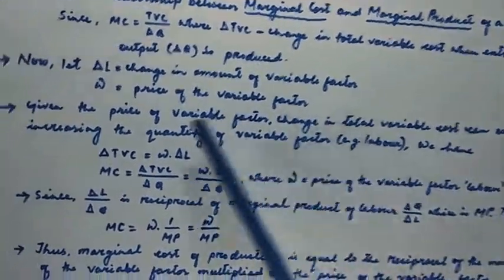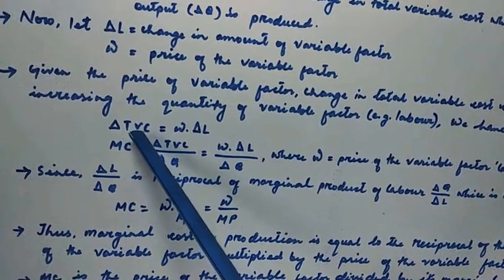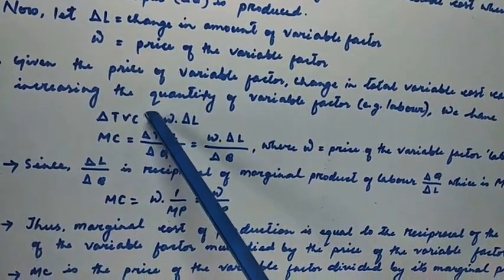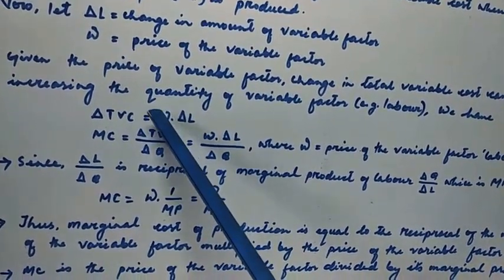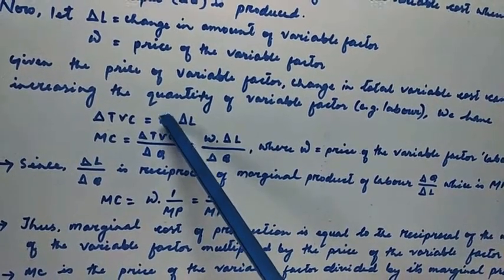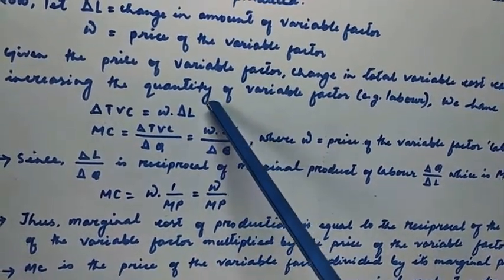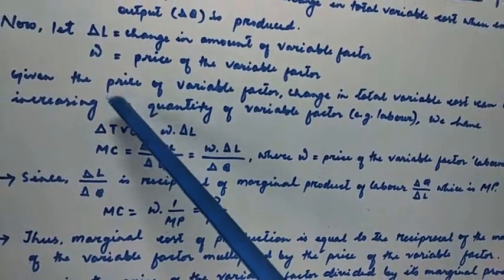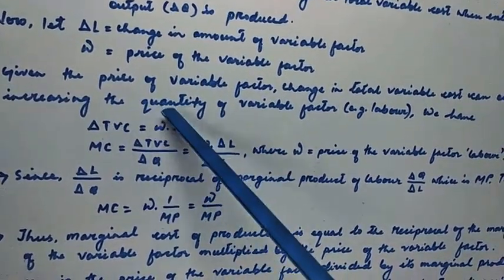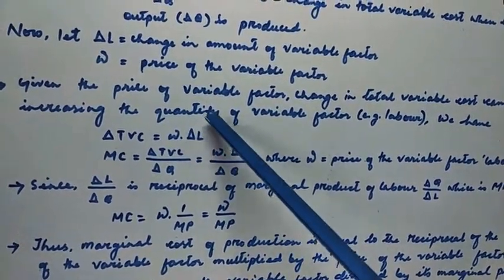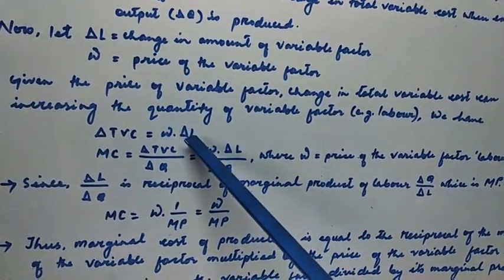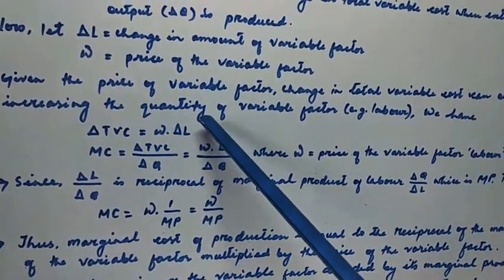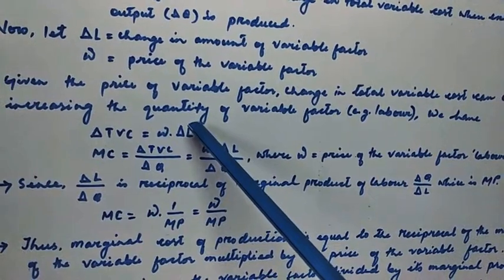So the change in total variable cost is equal to the price paid for the variable factor times change in L, because this change in total variable cost can only happen when there is a change in the variable factor that is employed.